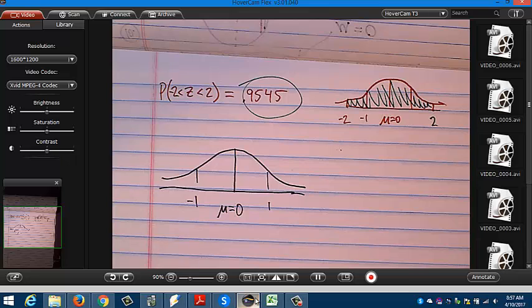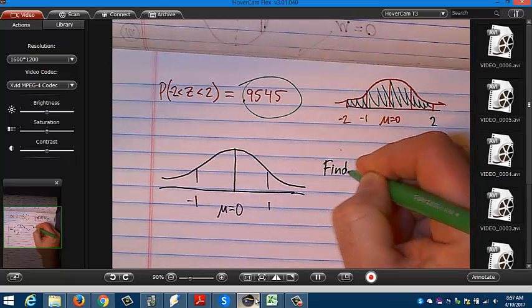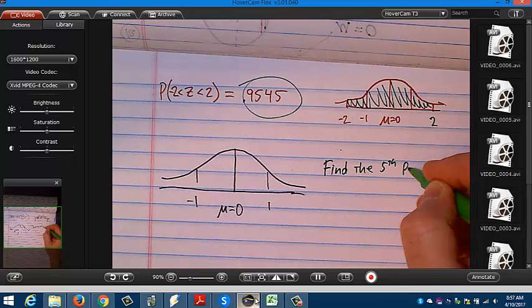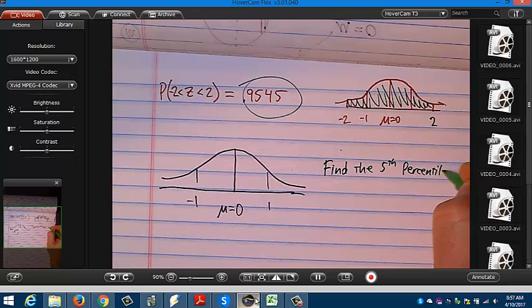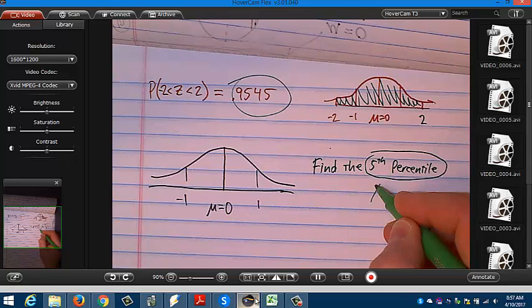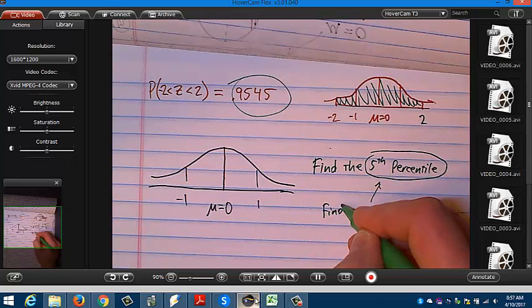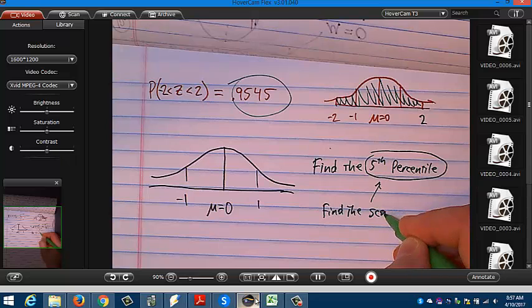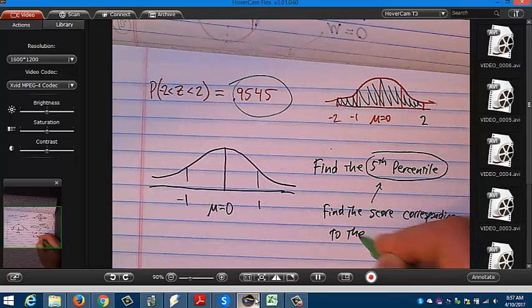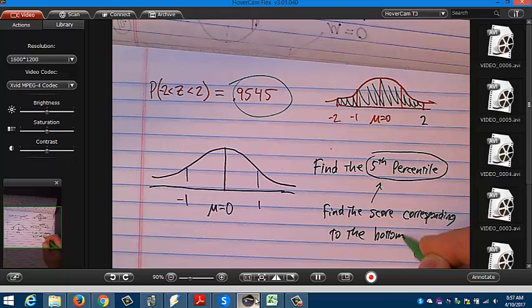Now, what are we supposed to find in this problem? They said, find the 5th percentile. And what that means is they're saying, find the score corresponding to the bottom 5%.